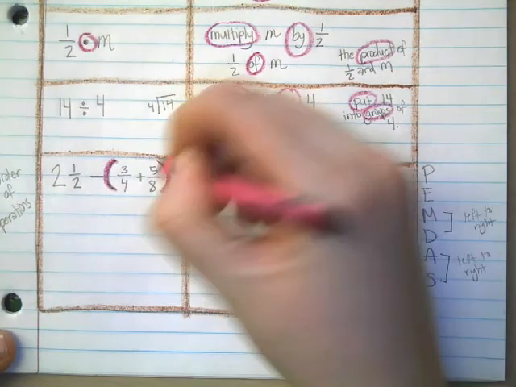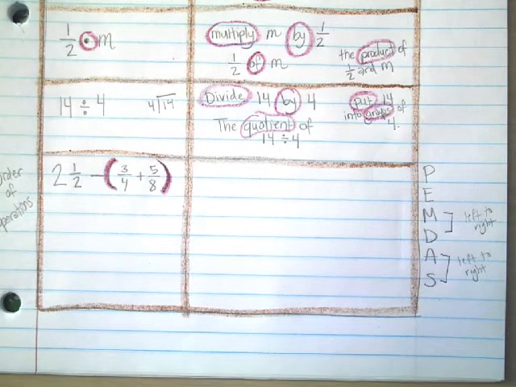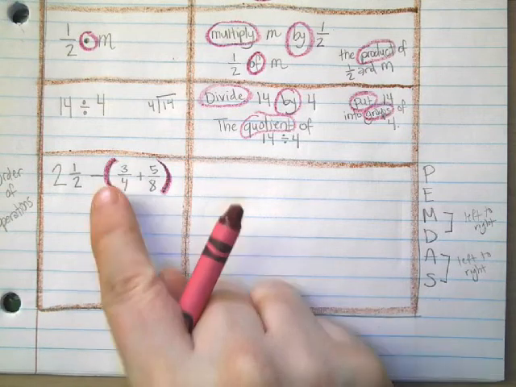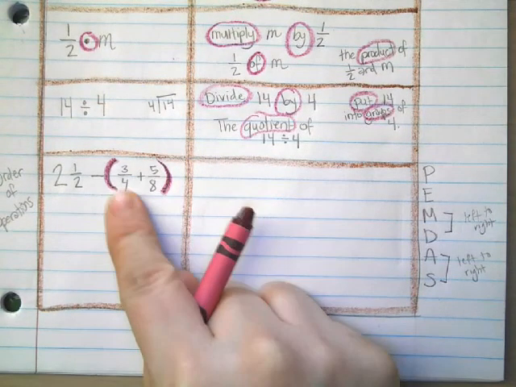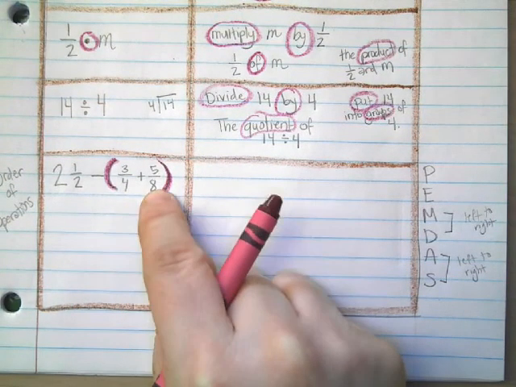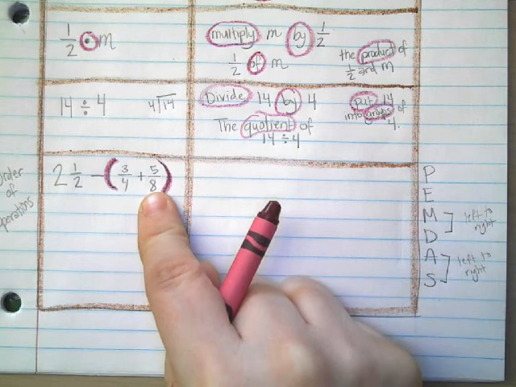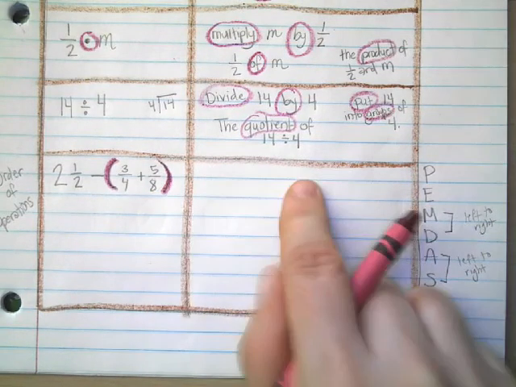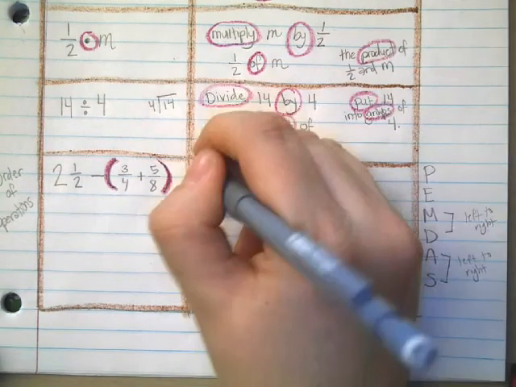Are there parentheses in this problem? Yeah, so that is where you have to start. Okay, we have to start there. So in this situation, we have to find the sum of these, right?